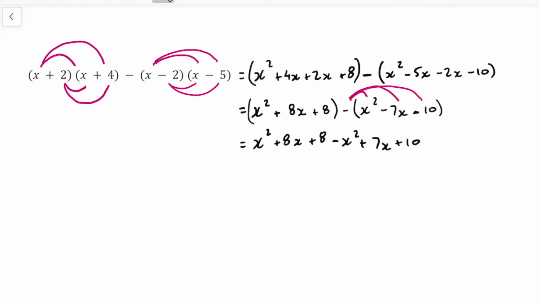And we're actually going to lose our x squareds, because we've got 1x squared minus an x squared, no more x squareds. We're going to have 8 plus 7, that's going to be 13. And I've made an error, it should not be 8x, it should be 6x.